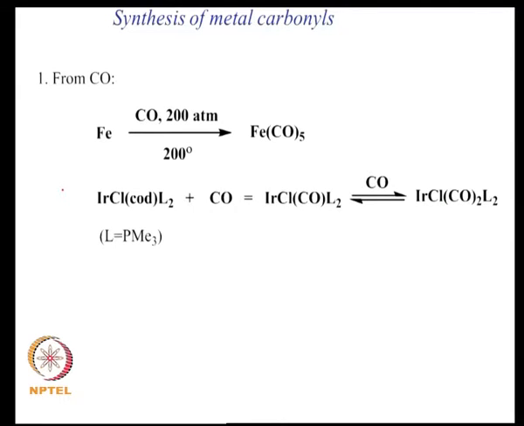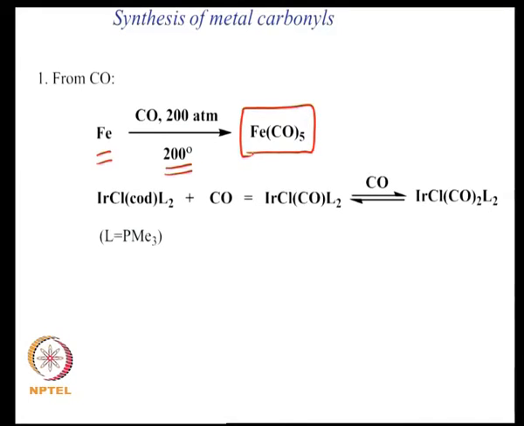Let us come to the synthesis of metal carbonyls, a little bit of chemistry before we go back to the understanding of metal carbonyl chemistry in terms of electronic structure. If you take iron powder and treat it with carbon monoxide at 200 atmospheres pressure and a relatively high temperature, 200 degrees Celsius, you tend to form the volatile metal carbonyl complex, which is Fe(CO)5.